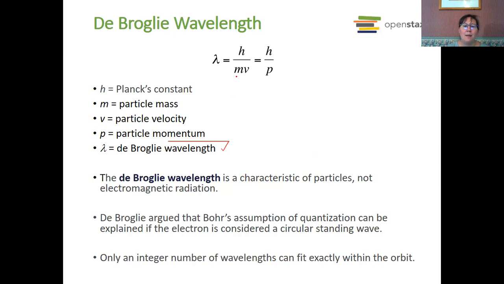And we have mass, and we have Planck's constant, and we have not nu, but velocity. You can take p as momentum, but usually we don't come with that. Now, the important thing here, remember Planck's constant is 6.626 times 10 to the negative 34th joule seconds.